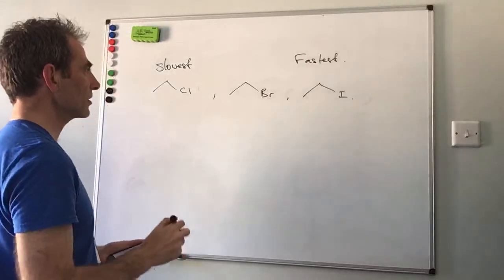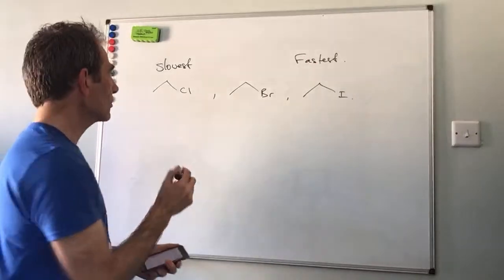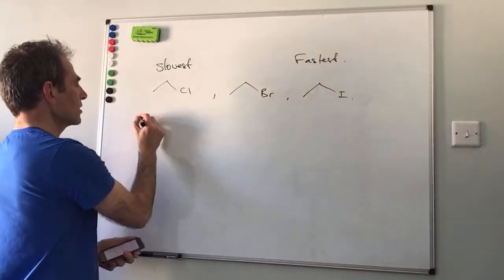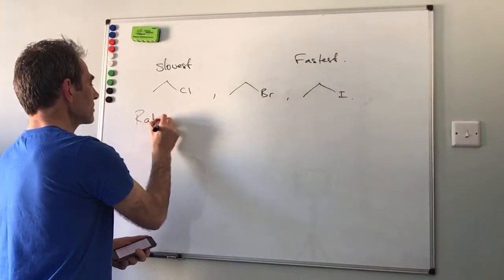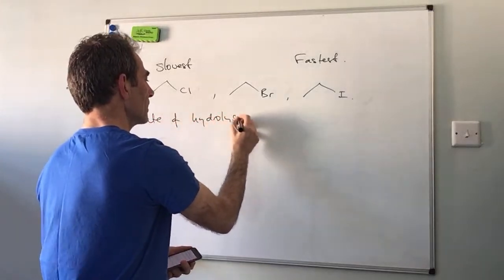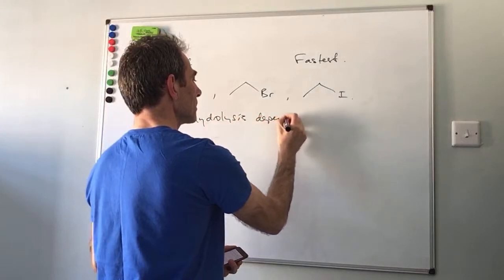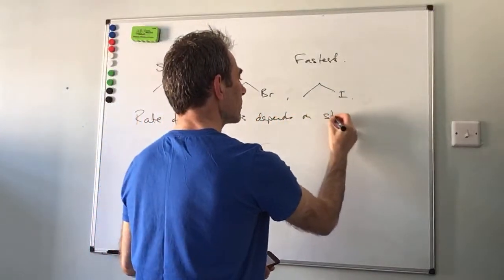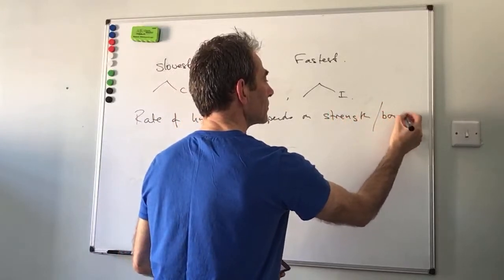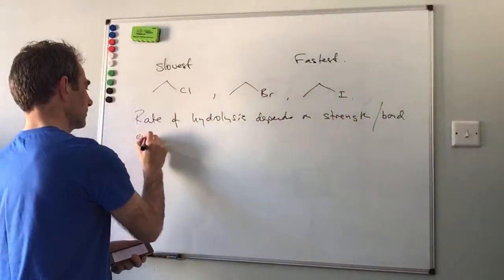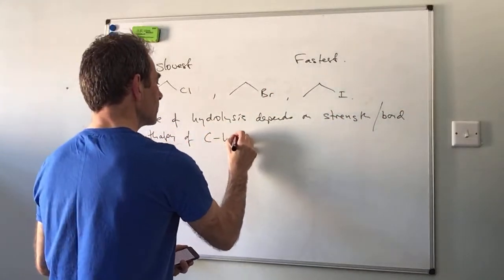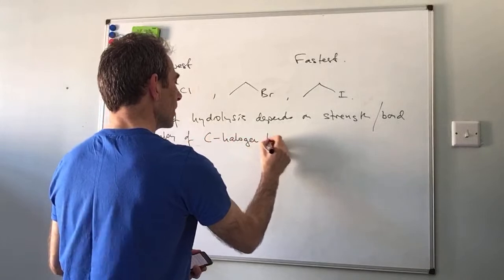Okay, so it's all about the strength of the carbon-halogen bond. The rate of hydrolysis depends on the strength, or you could say the bond enthalpy, of the carbon-halogen bond.